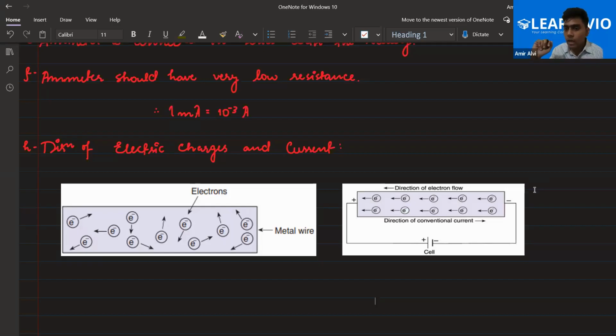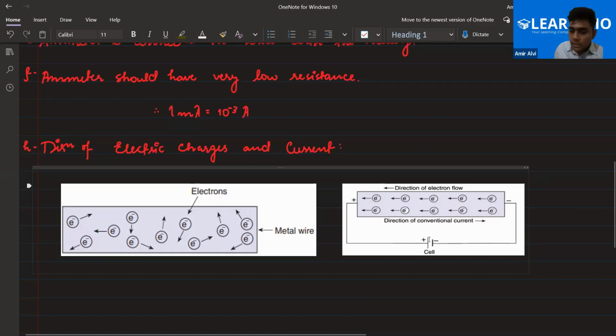Similarly, in the electricity chapter, we take positive as the higher potential and negative as the lower potential, because a cell has already maintained a potential difference. If I'm saying a 6 volt battery, it means the potential difference between the positive and negative sign is 6 volts.